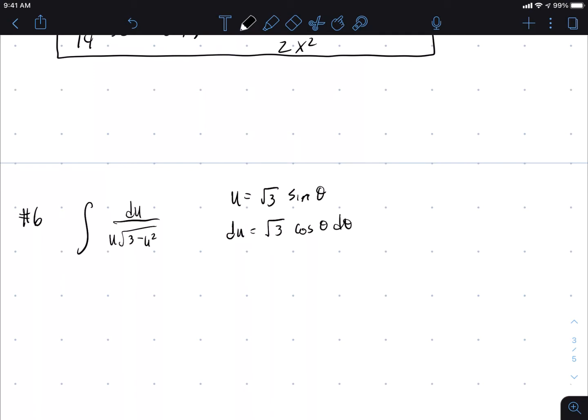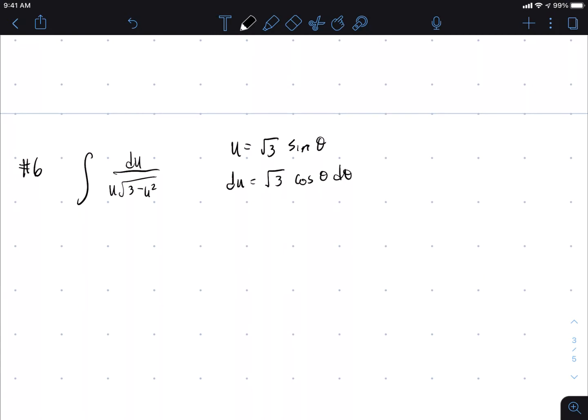That's classic. Okay, so let me go ahead and do the substitutions then. I'm going to get the integral of the square root of 3 sine theta, then the root, and I'll put this up above.